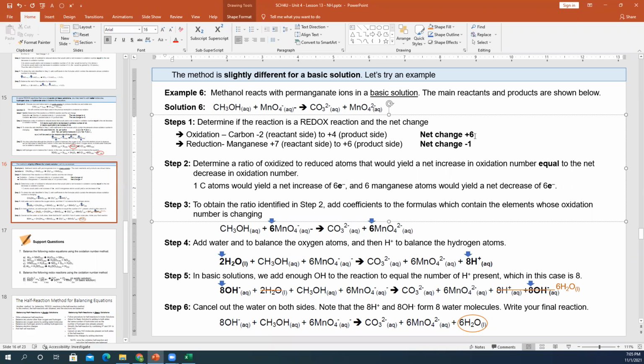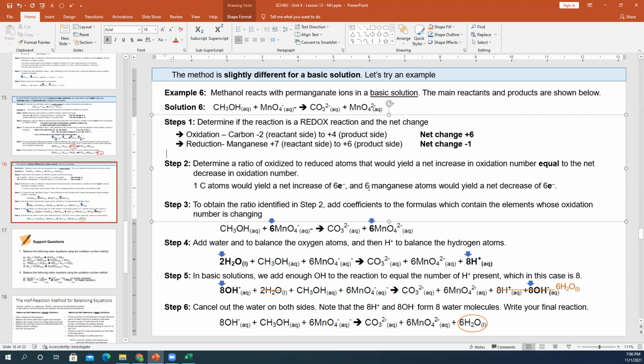Yes, it is. In step 2, you have to determine the ratio of these oxidized to reduced atoms. That would give us a net increase in oxidation number equal to the net decrease in oxidation number. So here we have 1 carbon atom would yield a net increase of 6 electrons, right?